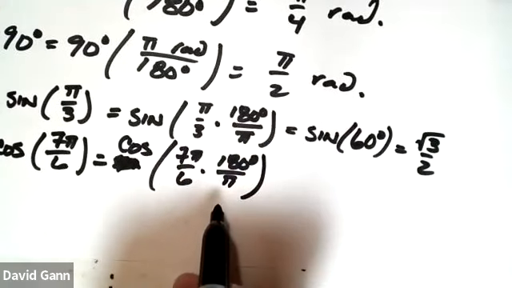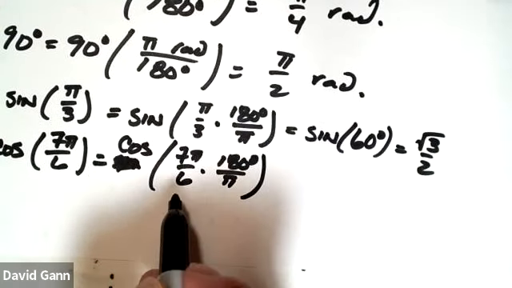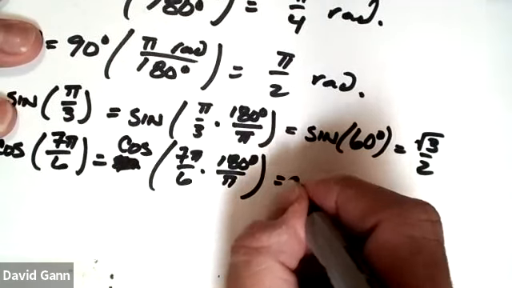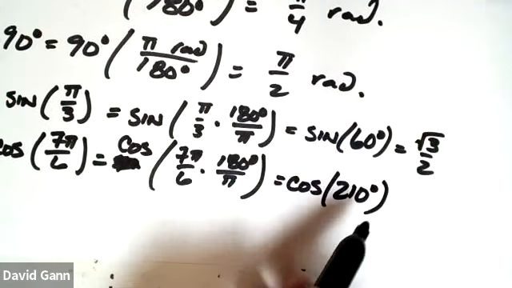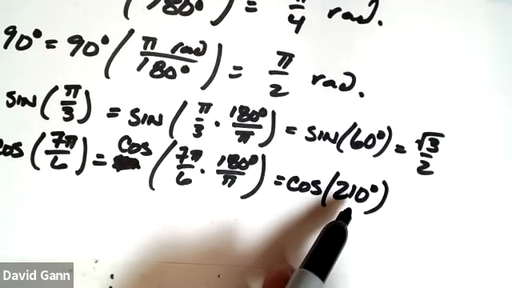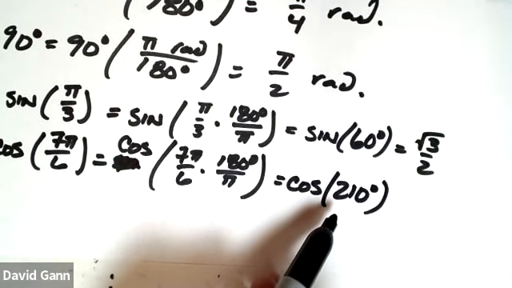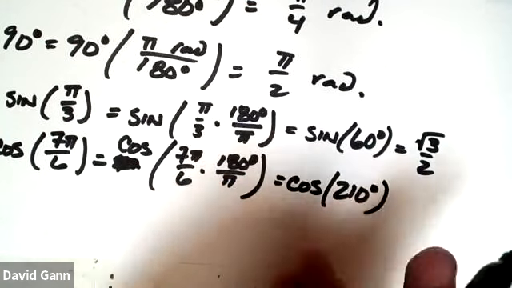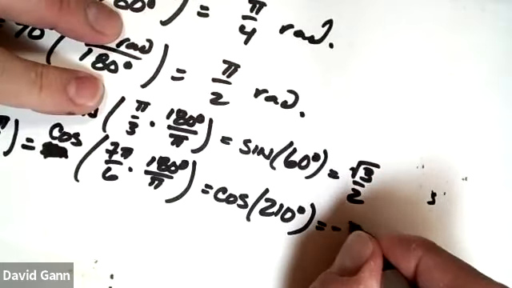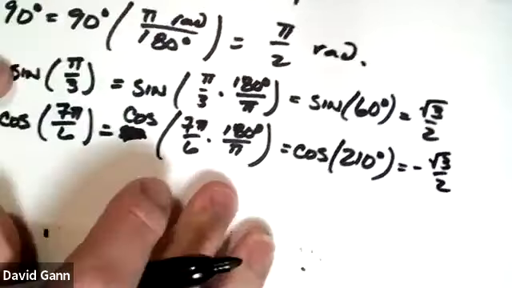Turns out that this is going to be 210 degrees. So this is the cosine of 210 degrees. Notice that that is going to be a negative sign. It is a reference angle of 30 degrees. So the numerical value is root 3 over 2, but it has a negative sign. So this is negative root 3 over 2.